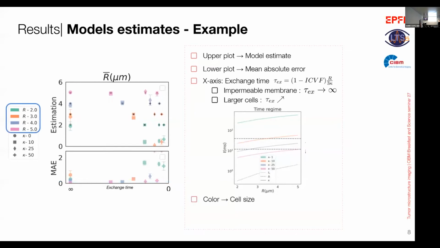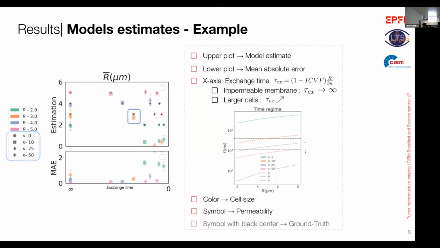So if we come back to the plot, you have different points on this plot. The color represents the cell size, and the symbols represent the permeability of the experiments. For each combination of color and symbols, you have one cell size, one permeability, and for each combination, you have 2 points on the plot.